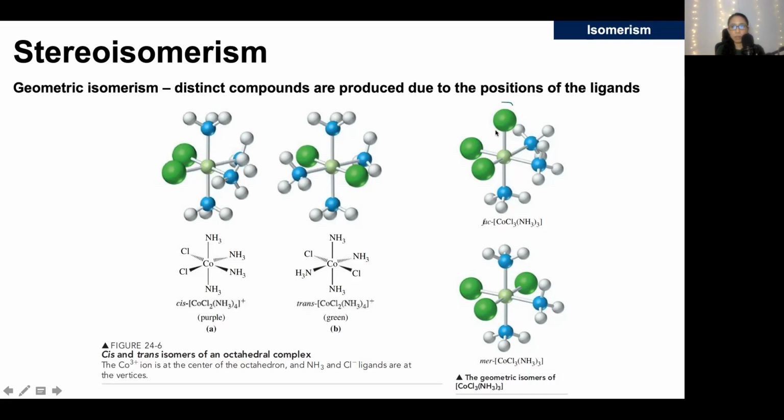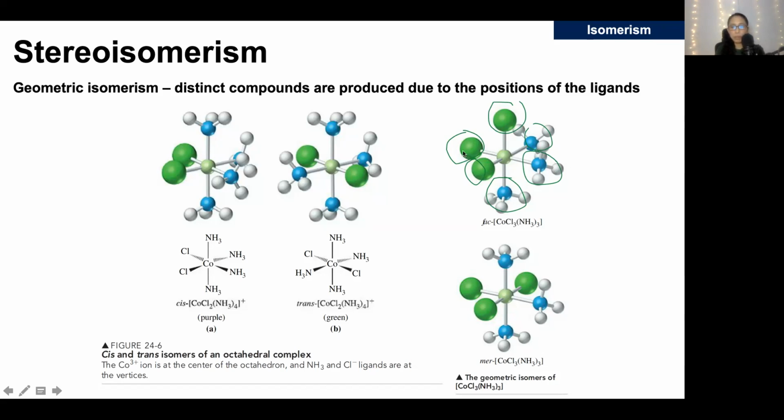So the axial position is this one and this one. You have 2 axial positions and 4 equatorial or meridial positions. Okay? So you have the axis here of your octahedral structure.